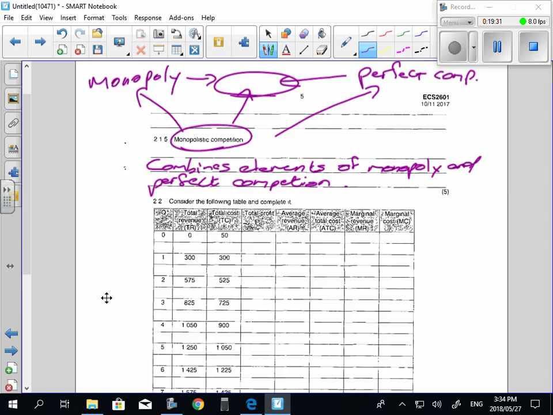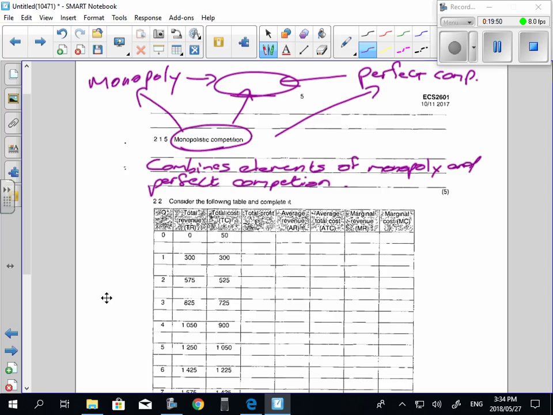Go back to your assumptions of perfect competition and your assumptions of monopoly, and you need to know which of those assumptions we use for monopolistic competition. Okay. You guys cool with that?